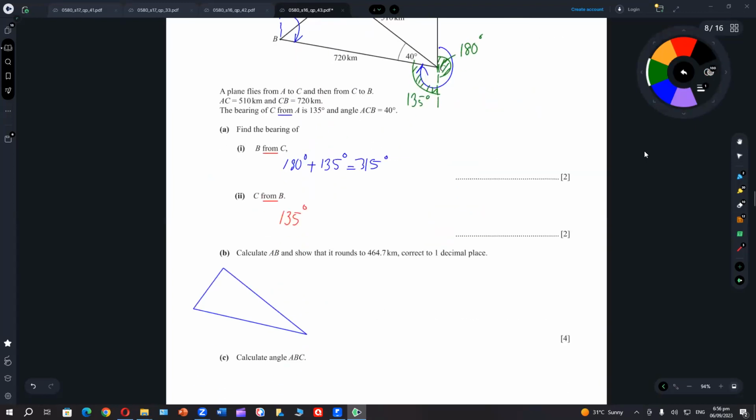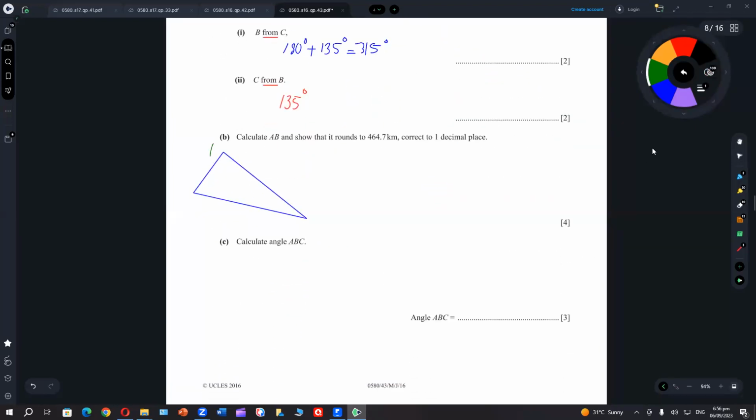I have made the triangle again for my working presentation and for clarity.